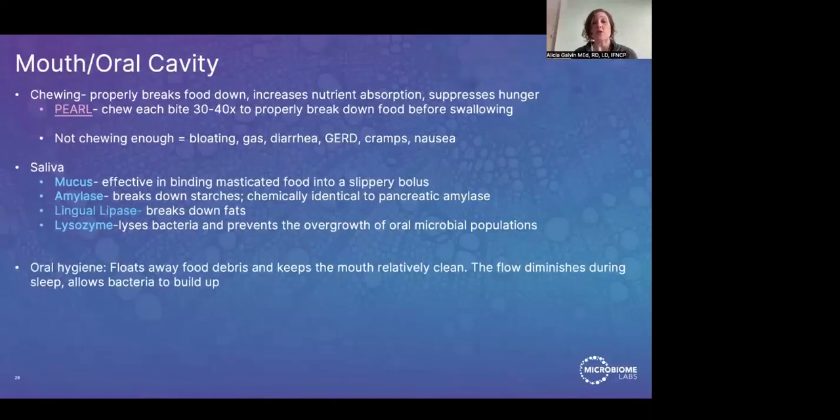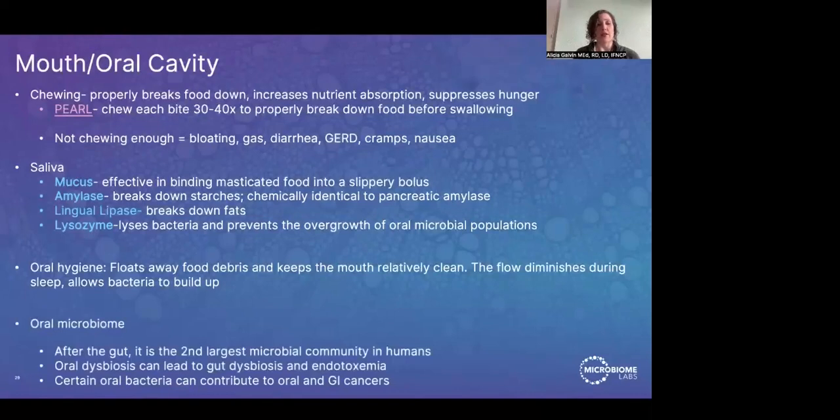Some of you may already be doing it, some of you may not be, but it's a really important place to look, because the oral cavity is our second largest microbiome after our colon. And if we are not exercising proper oral hygiene, then we might be having some issues down the line in the GI tract, because we know that oral dysbiosis can definitely lead to gut dysbiosis and endotoxemia.